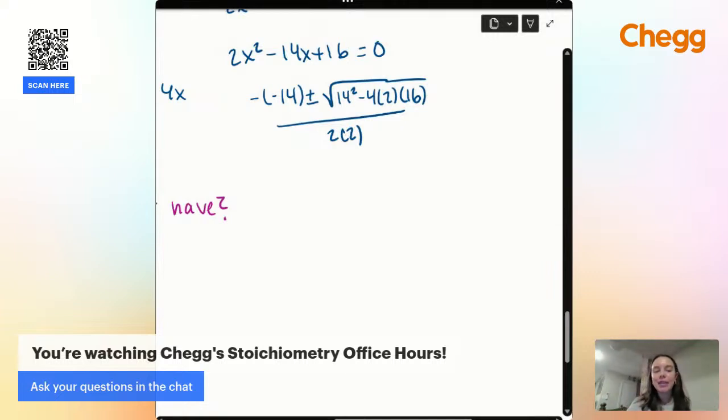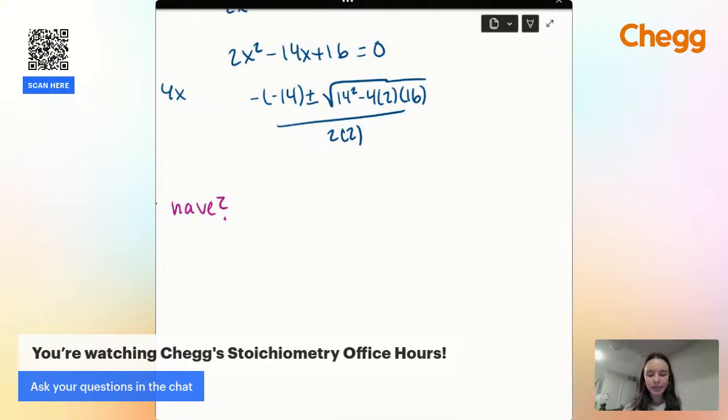I'm going to give y'all 1 minute to start solving this quadratic formula, and I want you guys to try to beat me to solving the answer. Your 1 minute starts now. So try to beat me to solving that quadratic formula.